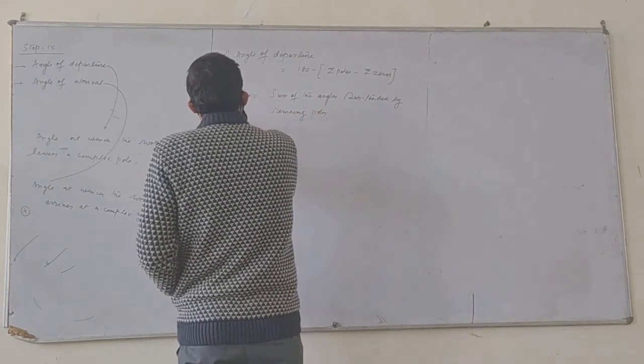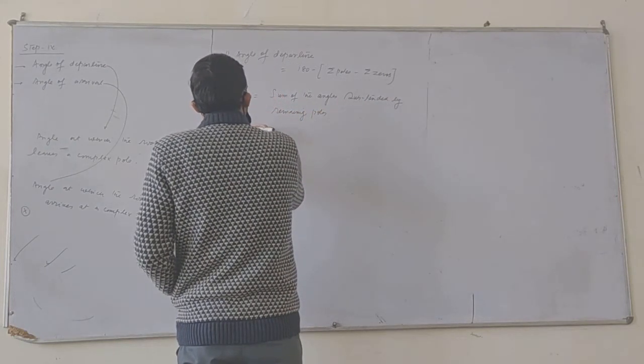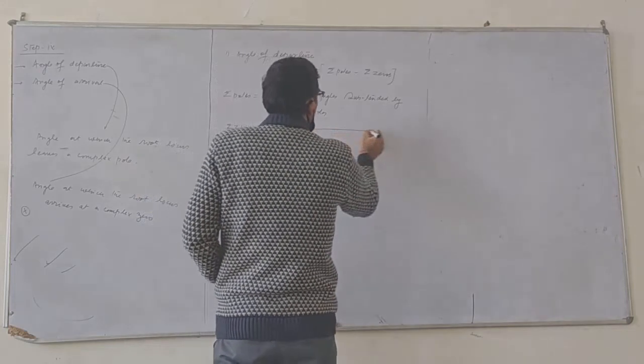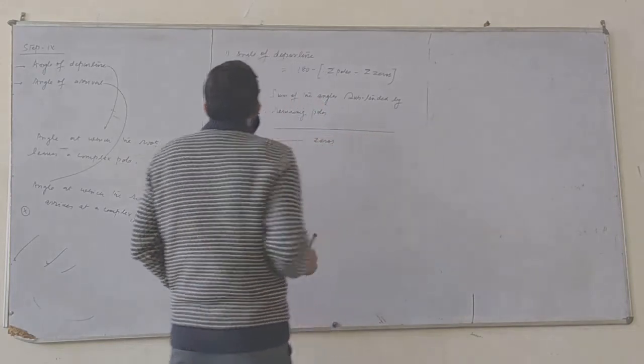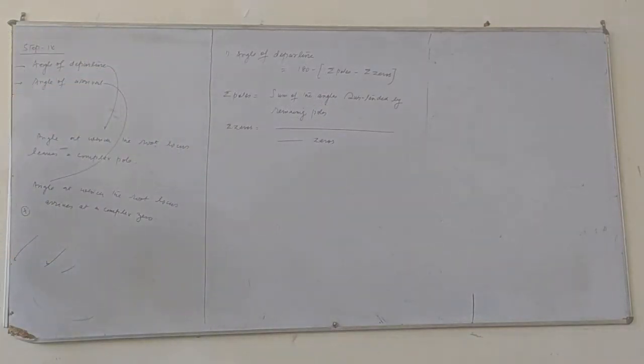Similarly, sigma zeros will be the sum of the angles subtended by remaining zeros. So this was angle of departure, how we have to calculate.